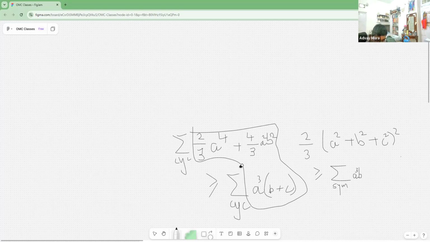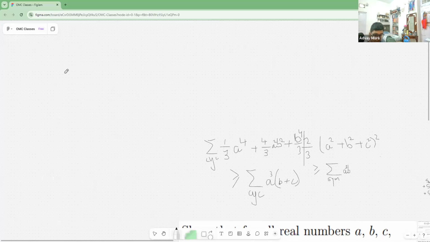So what we do instead is that we rewrite this as 1/3 a^4 plus b^4. So now this is a very nice inequality to deal with.